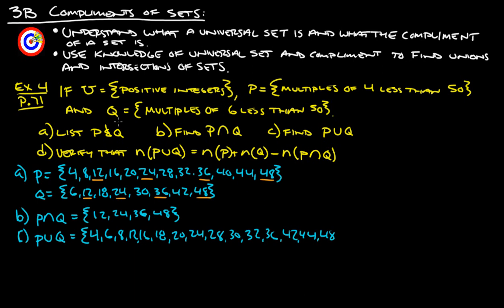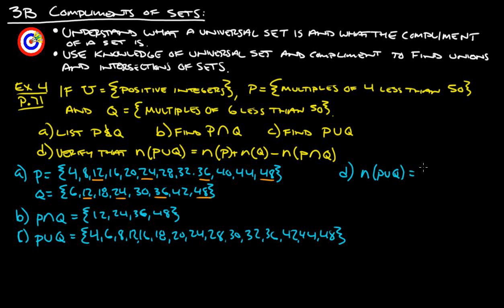I'm going to go back and unerase that because we're going to need all that stuff, aren't we? So that was this stuff here. Let's just do it over here on the side, I guess. So, number of elements in P union Q. So it's 1, 2, 3, 4, 5, 6, 7, 8, 9, 10, 11, 12, 13, 14, 15.